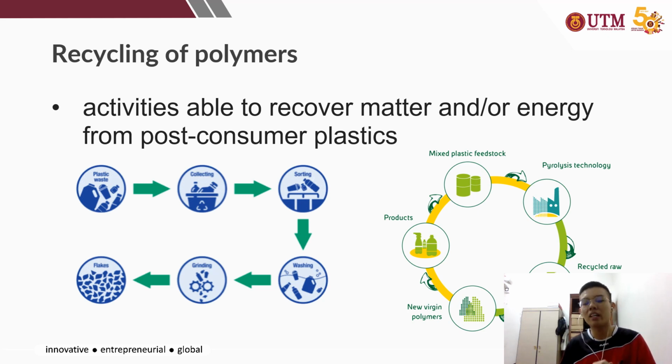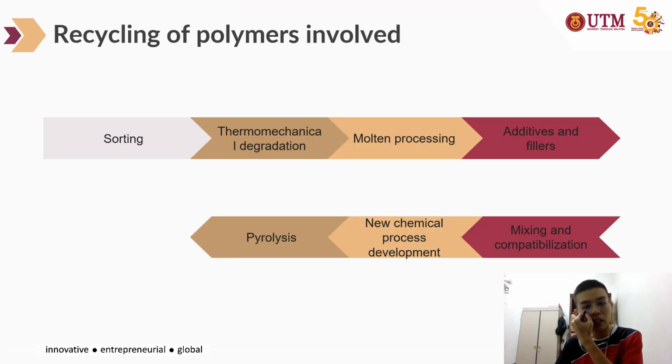It is an activity able to recover metal or energy from post-consumer plastics. In simple words, we recycle these plastics into something useful or we degrade them into something less harmful. The recycling of polymers involves certain steps.